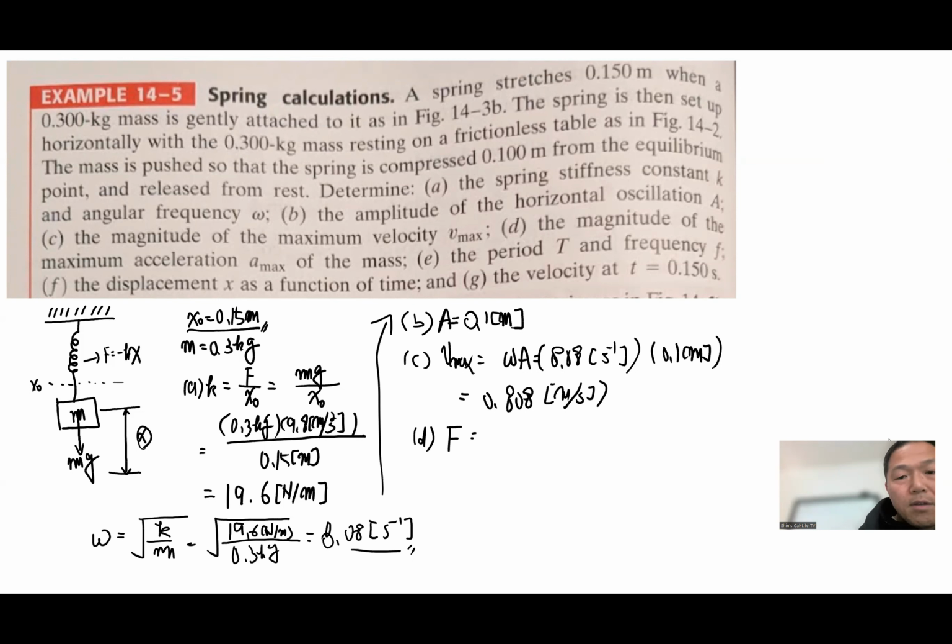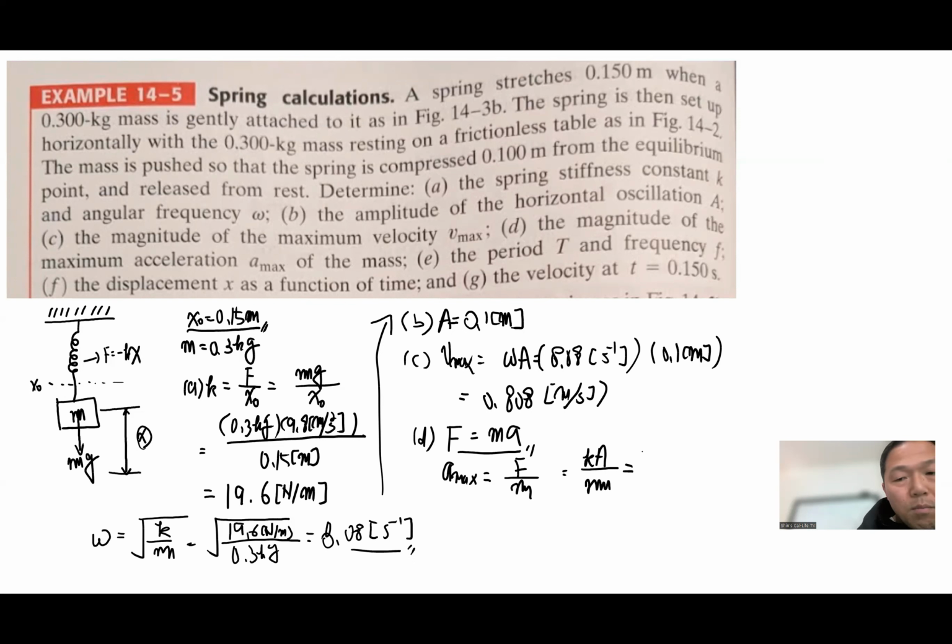F is ma from Newton's law. So the maximum acceleration should be force divided by mass. The force is k times maximum displacement A out of Hooke's law, divided by mass m.